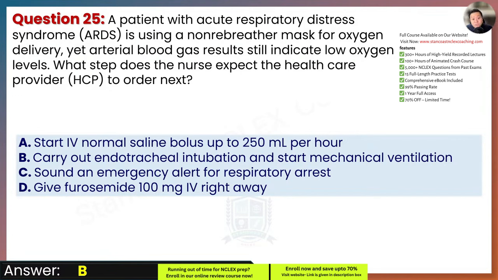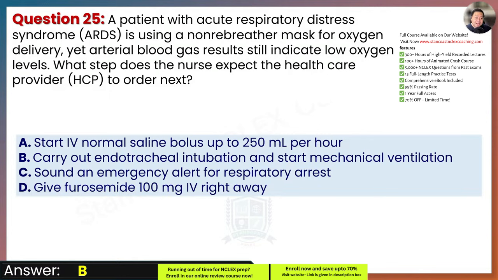It will also support gas exchange more effectively than a non-rebreather mask. And this is especially true in ARDS, severe ARDS, I should say, where the alveoli are damaged, preventing efficient oxygen exchange, and the body cannot adequately compensate through the natural breathing. And so we have no other better option here rather than letter B.